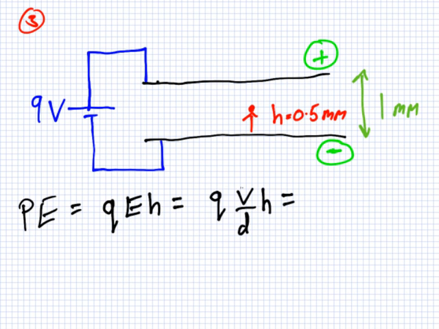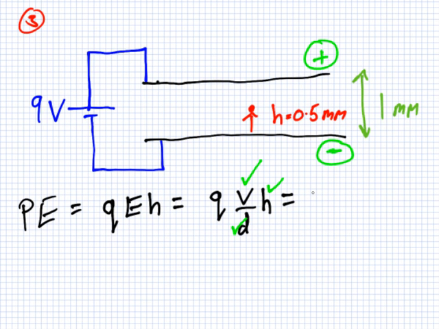So we know the voltage, it's 9. We know the D. Now this D is the total 1 millimeter, and we know the H is half a millimeter. So it'll be 4.5 times whatever the charge of a proton is, because it's 9 times a half.